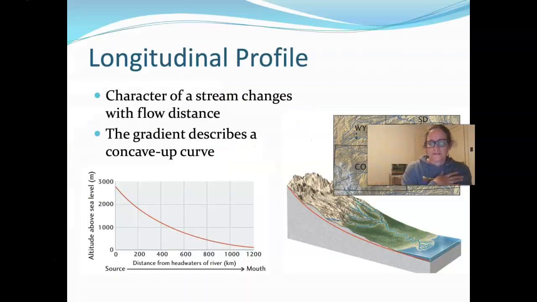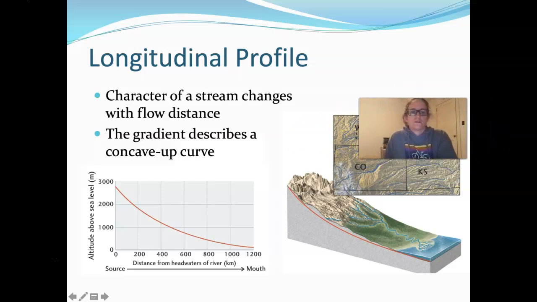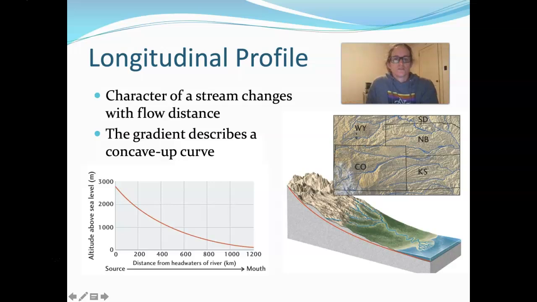The processes that dominate are somewhat related to the longitudinal profile. That's essentially the gradient. So at the source here, the headwaters, the gradient is going to be steep, and then as we go down towards the mouth, that gradient drops off.